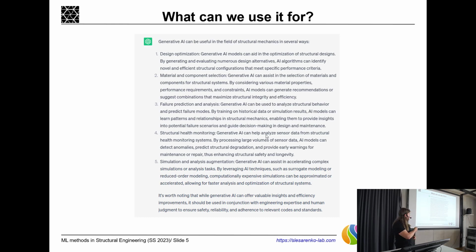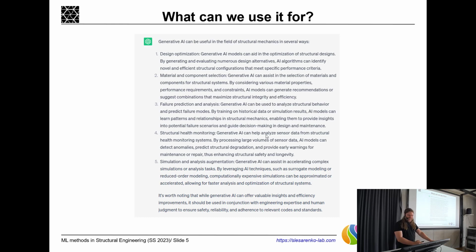And then it says simulation analysis augmentation, which is again not entirely in the generative realm. It's more like we train a model based on simulations and then use this model to do something else. But it's not in the direction we want to go here. So be careful with ChatGPT.